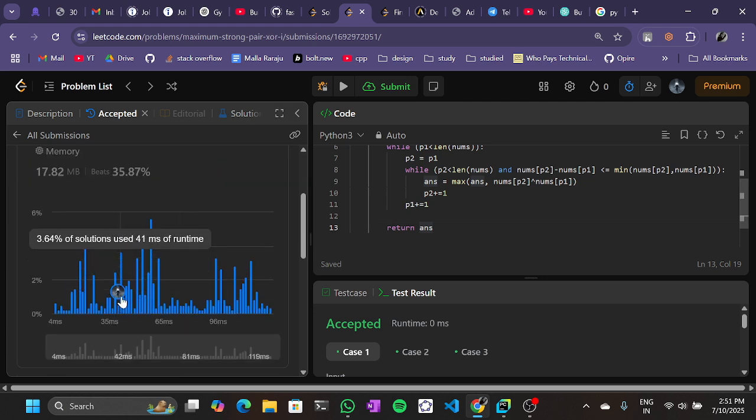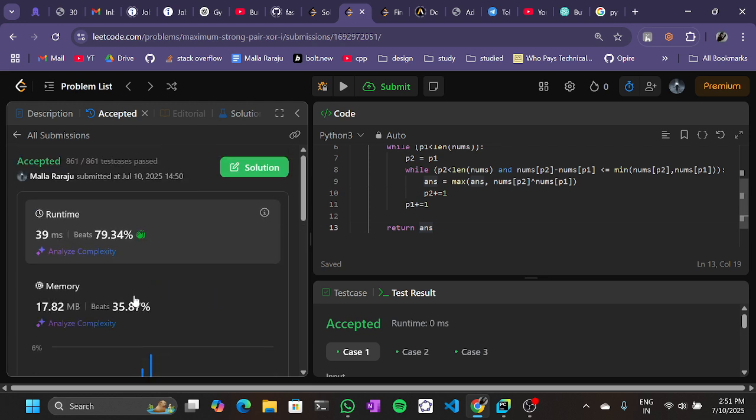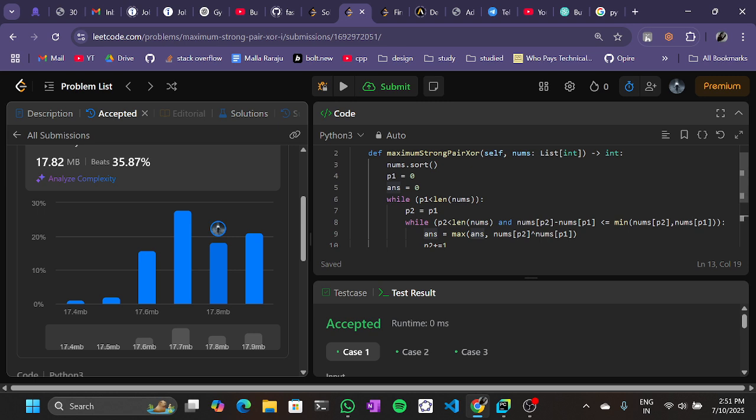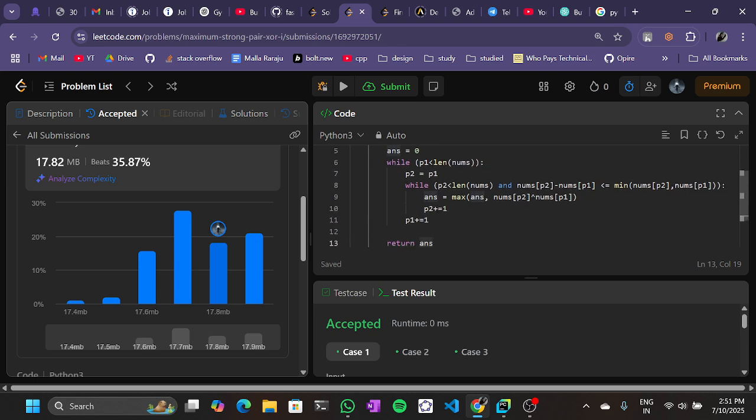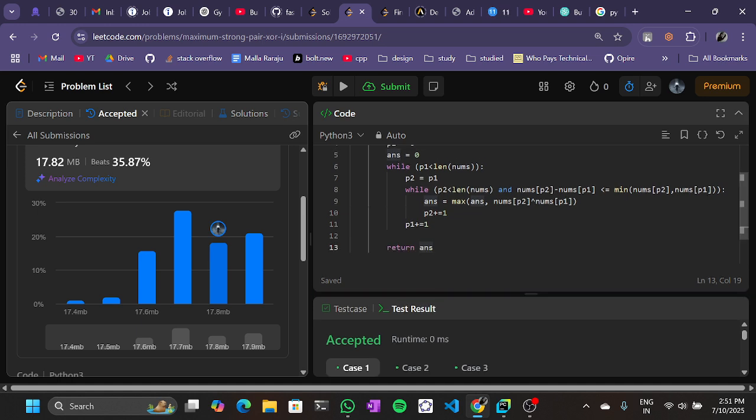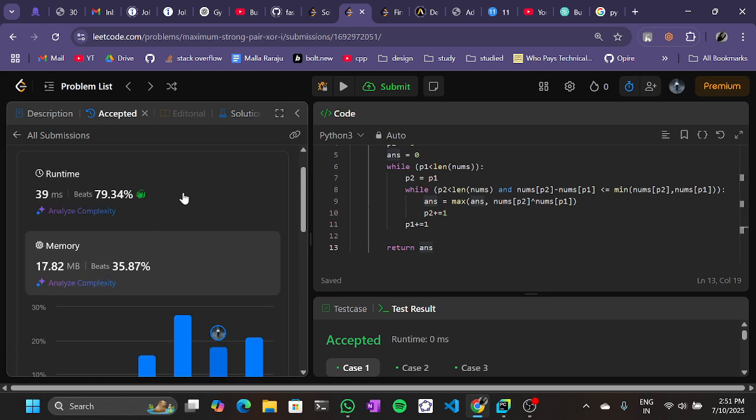Yeah. So we are placed here, ranging from 17.4 to 18, I guess 17.9. The time complexity is order of n. Sorry, the time complexity is not order of n. The time complexity is order of n square.